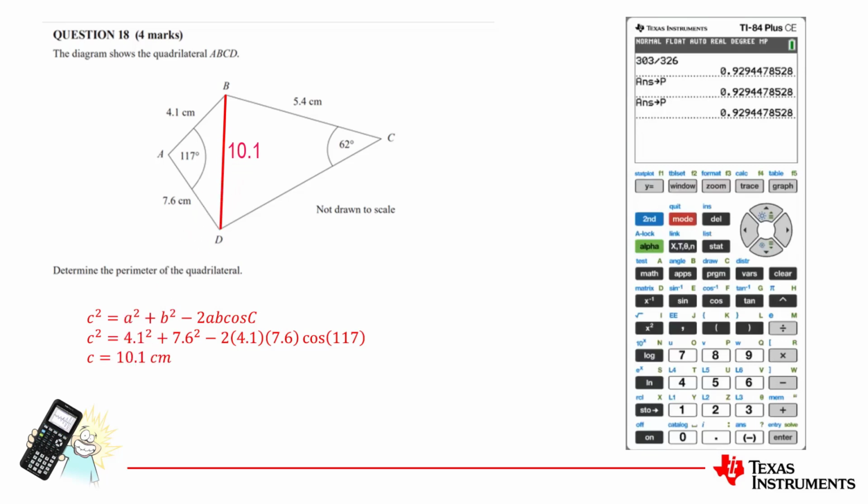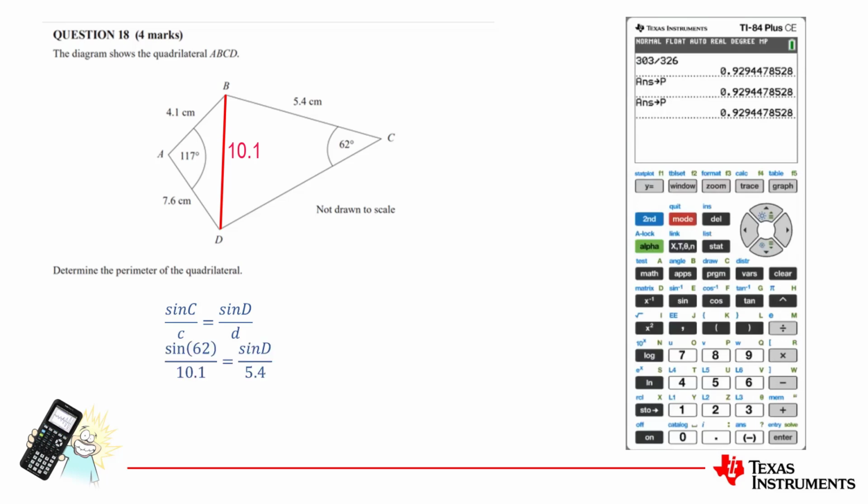The next thing that I did after that, and this is probably where it varies a little bit from what some other people would do, is I then, if I know that length there is 10.1, used sine rule with that angle, which is 62. So I did sine C over c and sine D over d to solve for the opposite angle to that 5.4, which gives us that BDC angle there.